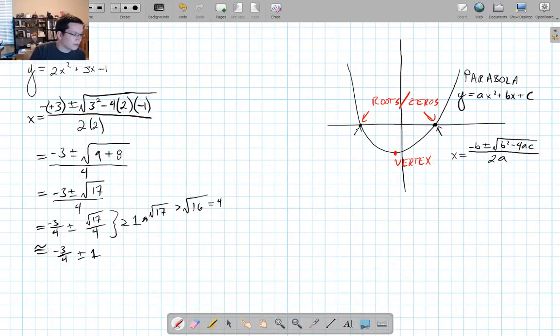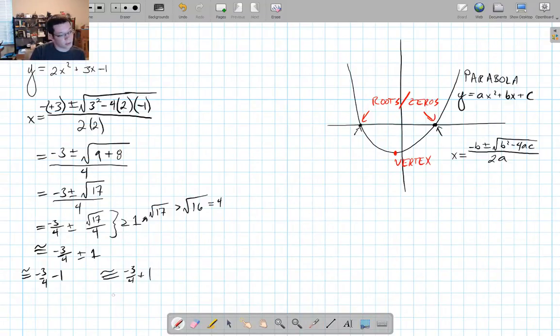So we got negative 3/4 plus 1 and negative 3/4 minus 1. Put the little tilde there because it's approximate. So it's going to be about negative 3/4 minus 1, and another one at about negative 3/4 plus 1.